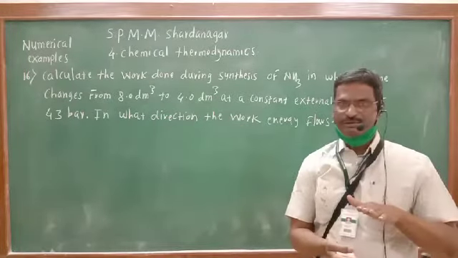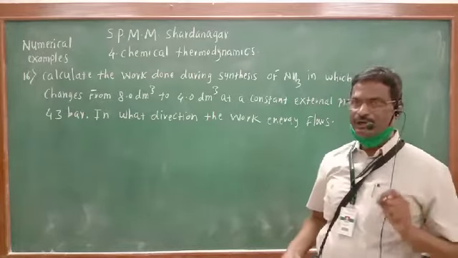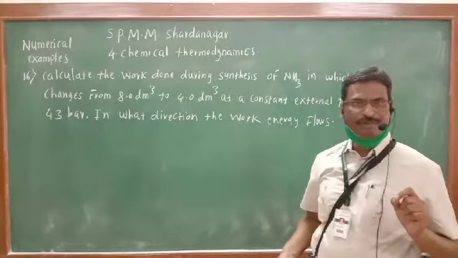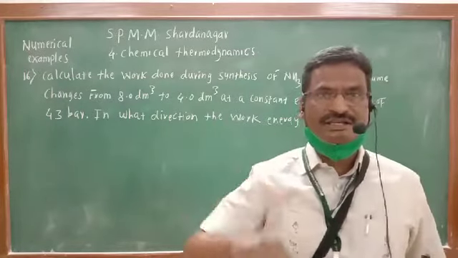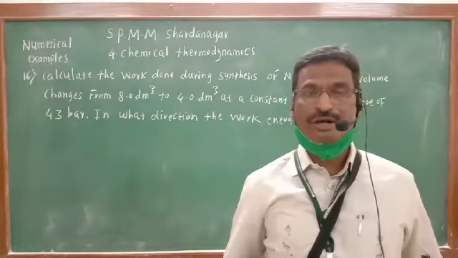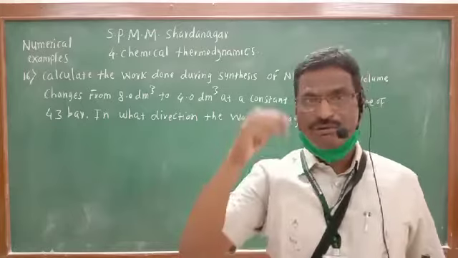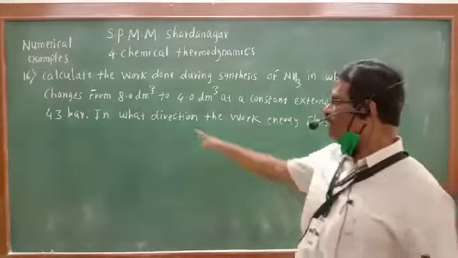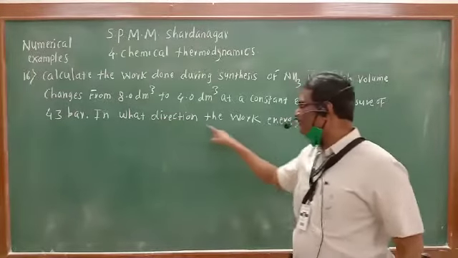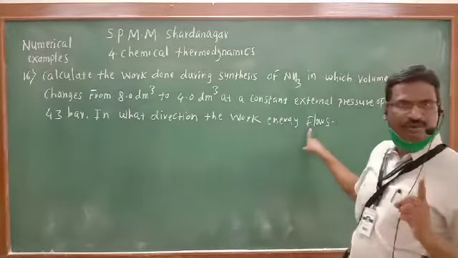So this is the process of compression, and we know that during compression, work is done on the system. Work is done from surrounding to the system. So it is a flow of energy. In what direction does the work energy flow?